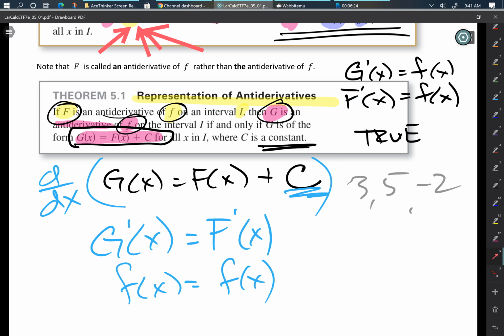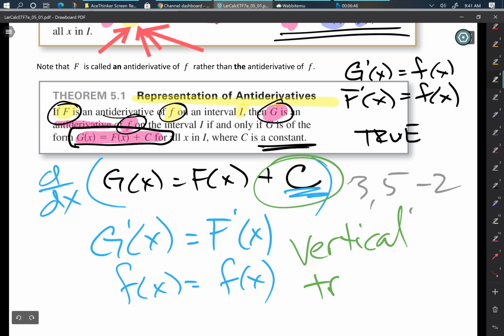So, F and G are two antiderivatives of a function little f. That means that F and G are the same function, just one of them has been, and I'm going to throw back to college algebra here, vertically translated, because adding a constant to a function is a vertical translation.